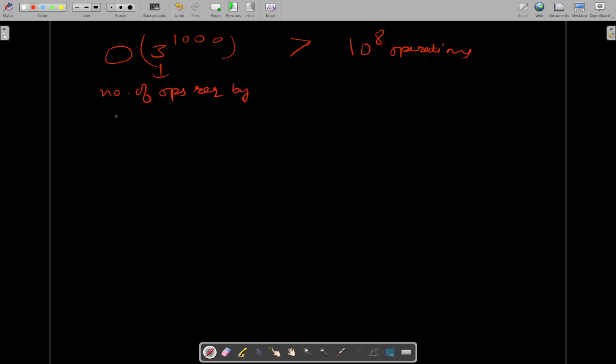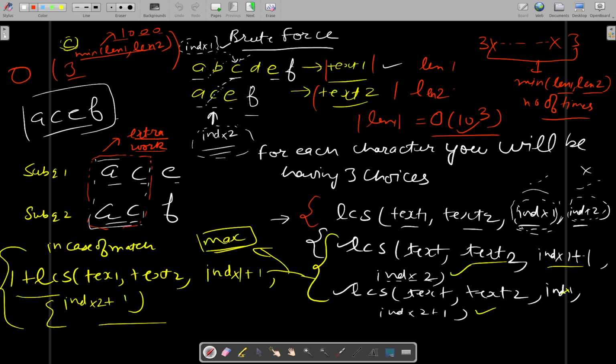let me take it to another slide, is a very large number as compared to 10 raised to power 8 operations. So this will be the number of operations required by your program in case you apply this recursive function of trying out every combination.